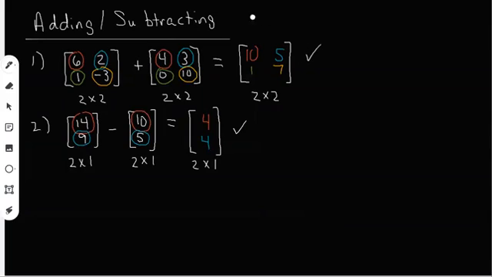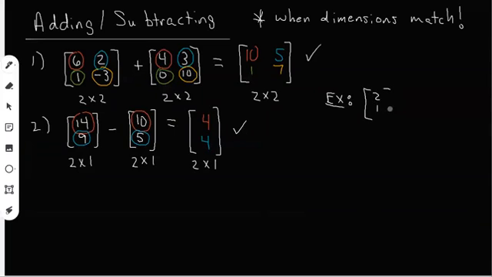Now, you can only add and subtract when the dimensions match. You can only add or subtract when the dimensions match. So, for example, we can't do something like this. We can't do 2, 1 plus 2, 3, 6, 5.